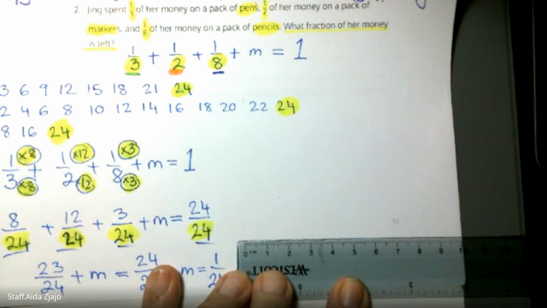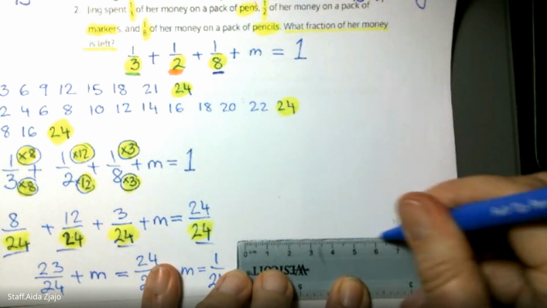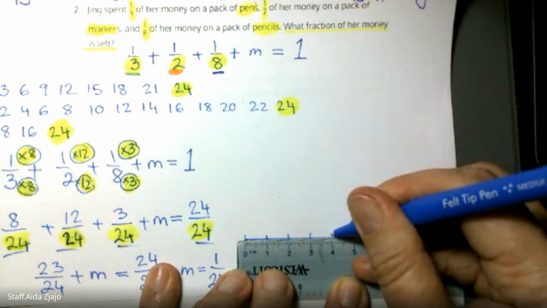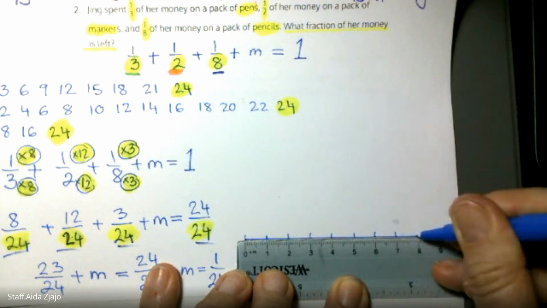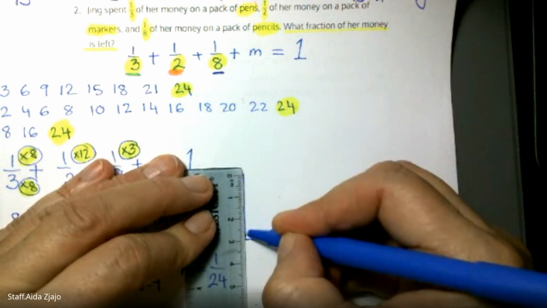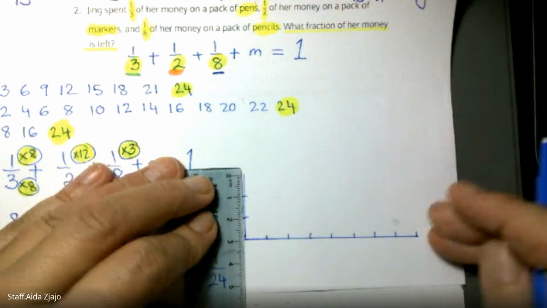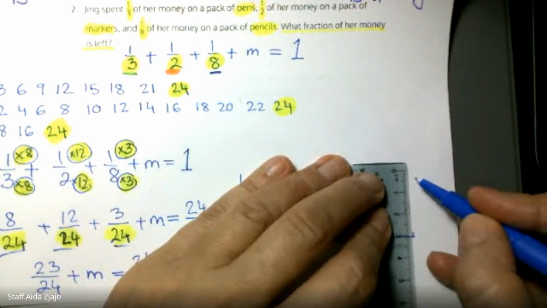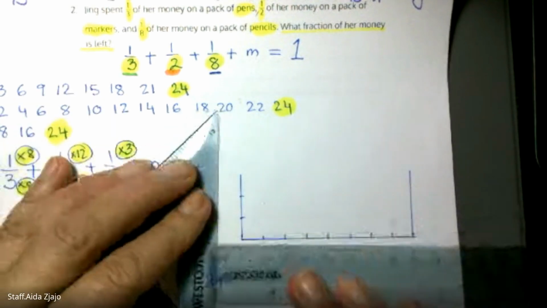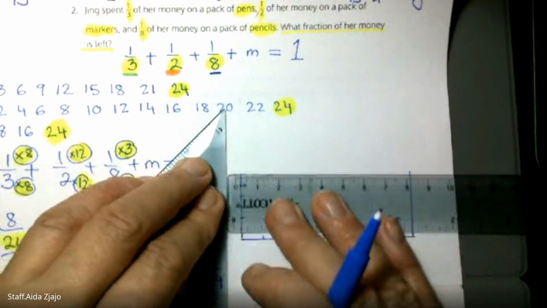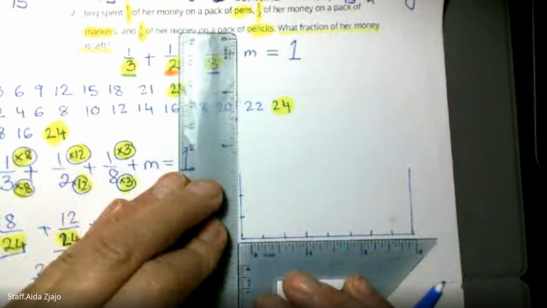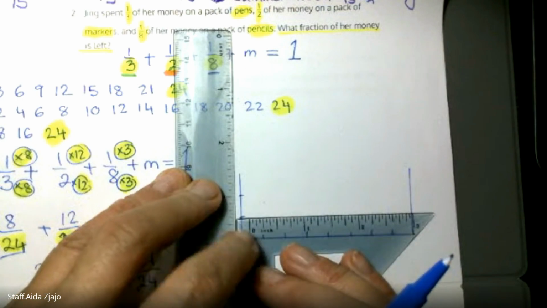If I try to create an 8 by 3 rectangle, it will give me the 24 pieces. We can represent that as, okay, I need the other one better.